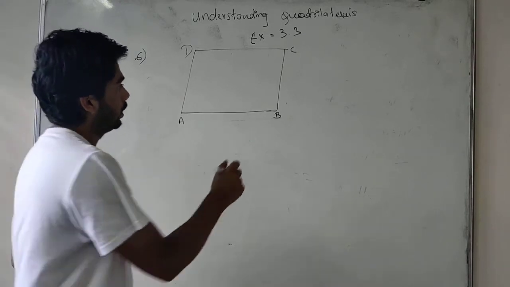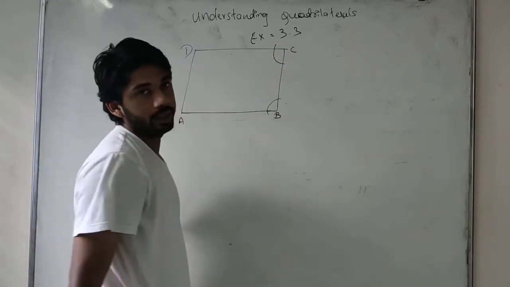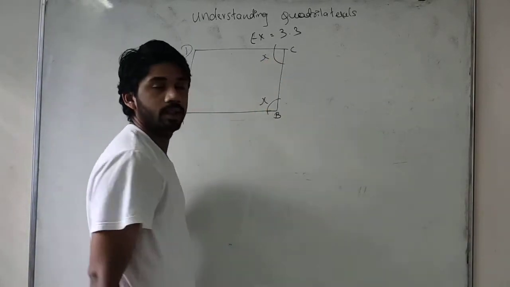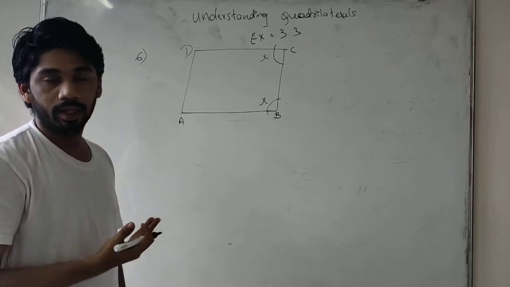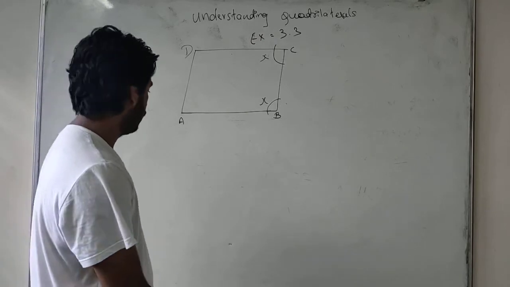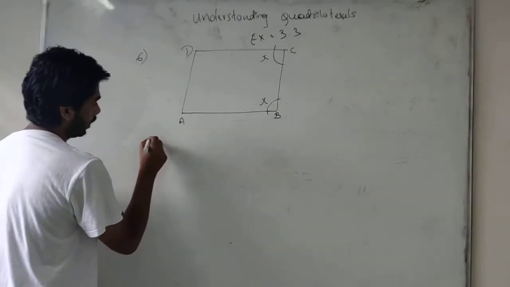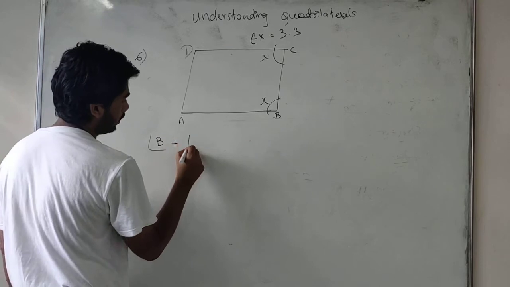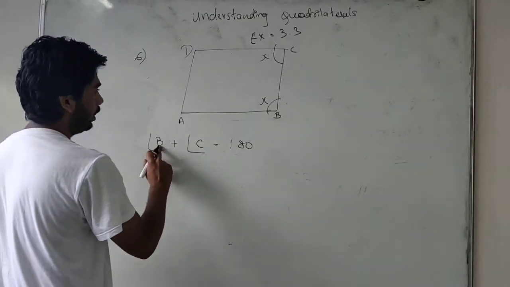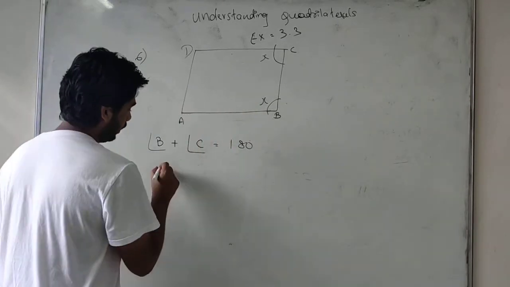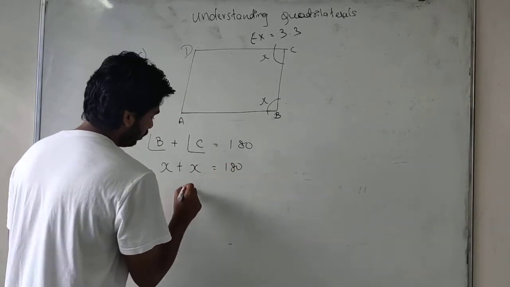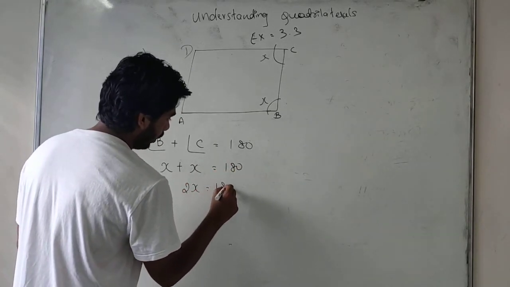Now in this question, two adjacent angles are equal, so I will take x and x. So angle B is equal to angle C. Now I can say that angle B plus angle C is equal to 180 degrees because they are adjacent angles. So x plus x is equal to 180 degrees, so 2x is equal to 180 degrees.